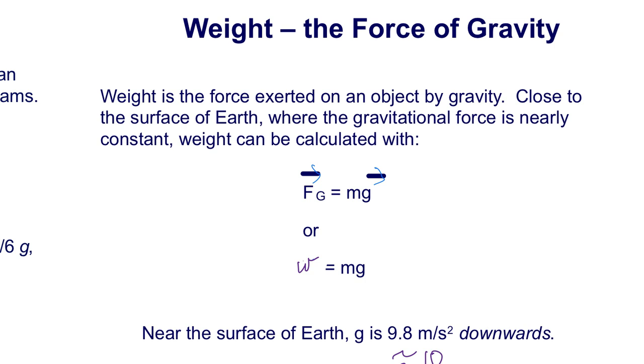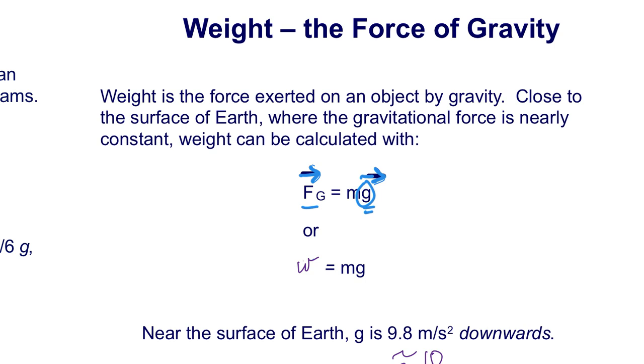Here's the equation for weight. Those little arrows signify vectors. Force is a vector, and acceleration due to gravity is a vector. Please don't call little g gravity. It isn't. Little g is the acceleration due to gravity.